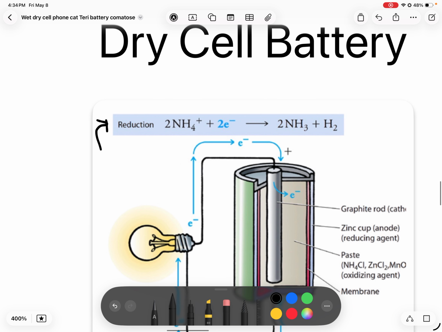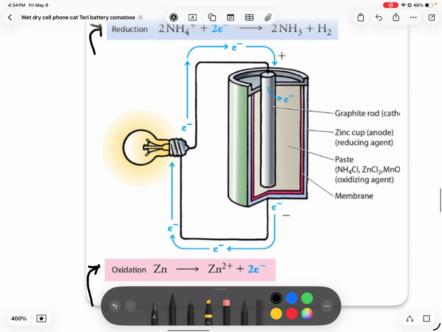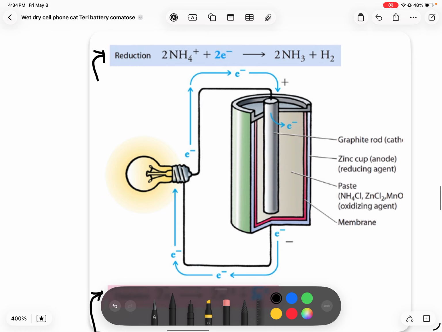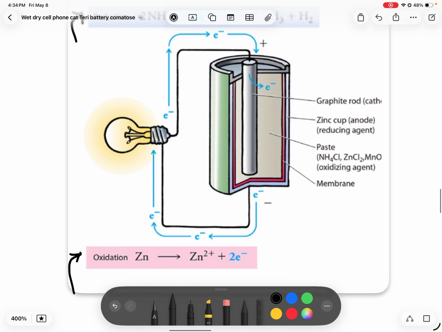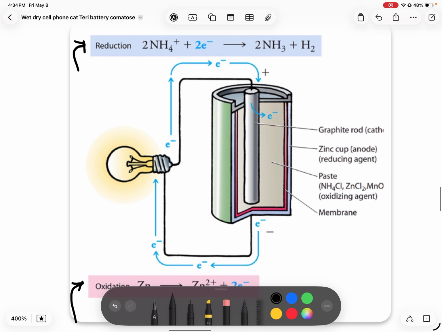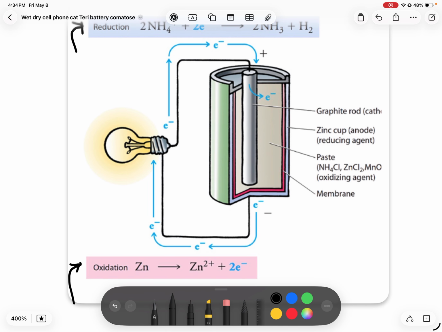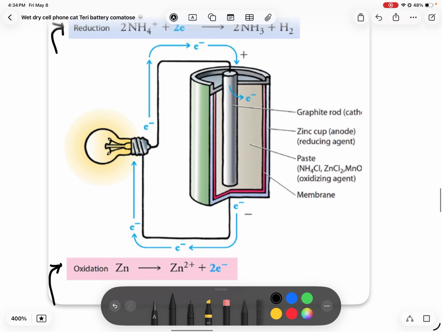This may look complicated, but basically we have a reaction going on involving the central zinc cup and some other elements which are also contained within the battery, like zinc chloride and ammonium chloride. These different elements play different roles in the oxidation-reduction reaction that helps to power this battery. In the dry cell battery, we say that the zinc cup is the reducing agent.